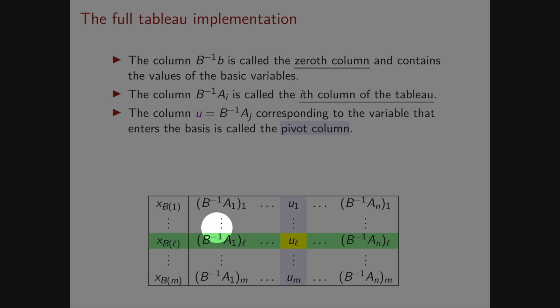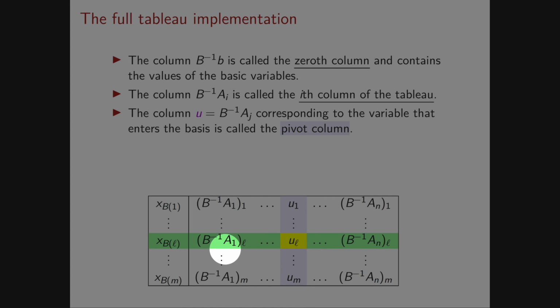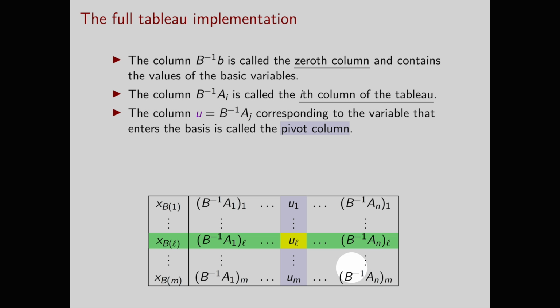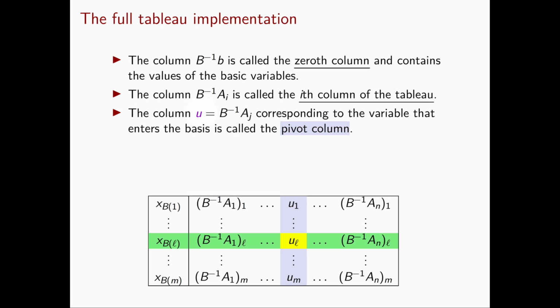The remaining columns of the simplex tableau are B inverse A1, B inverse A2, and so on and so forth until B inverse An. We will refer to these columns as the first column of the tableau, the second column of the tableau, until the nth column of the tableau. So B inverse Ai is called the ith column of the tableau. One of these columns plays a very special role.